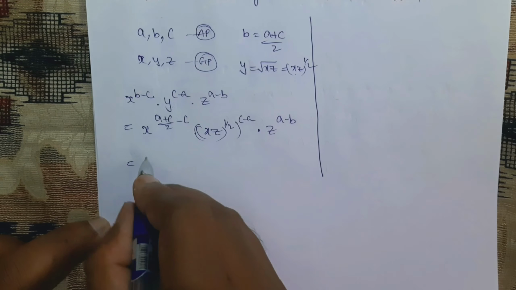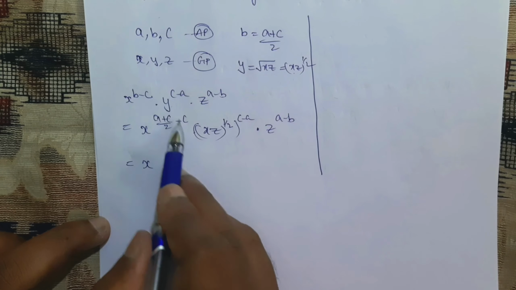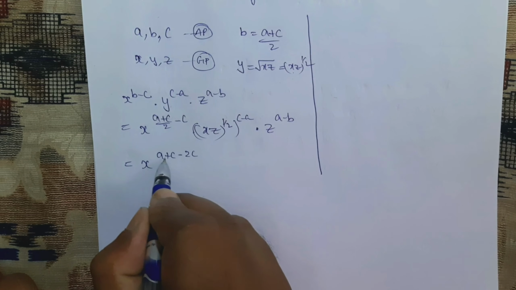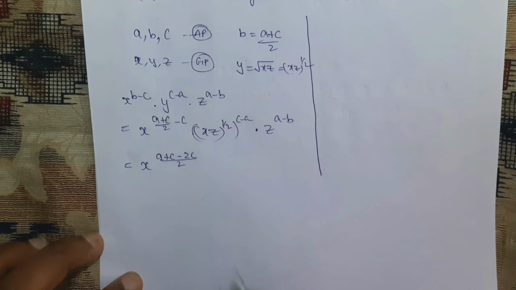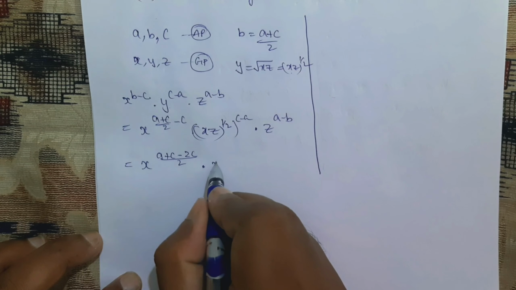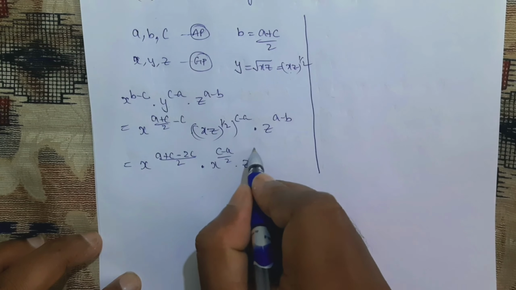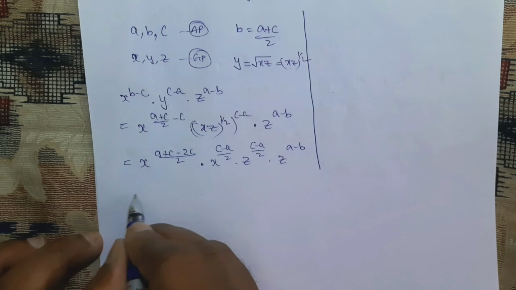Now you simplify this. x to the power of, you will get (a plus c minus 2c) by 2, and here we will get x to the power of (c minus a) by 2 into z to the power of (c minus a) by 2 into z to the power of (a minus b).